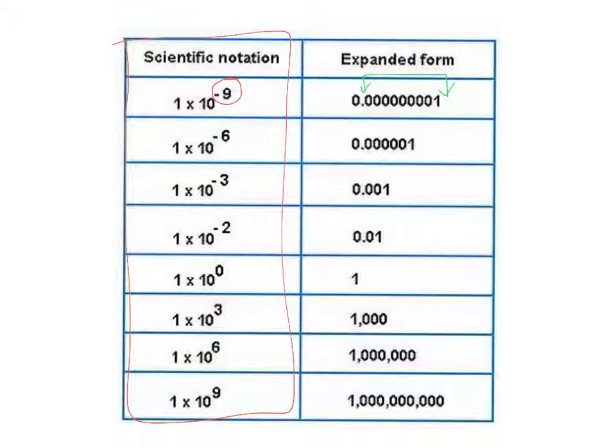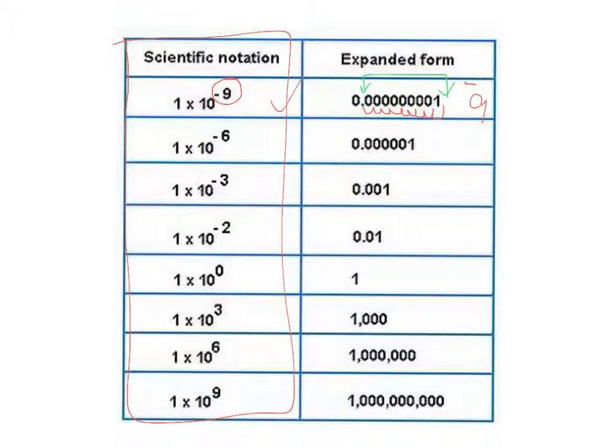And if we're counting correctly, it should get us 9 places. So 1, 2, 3, 4, 5, 6, 7, 8, 9. So because we're going backwards, we're moving the decimal point to the right. It is negative 9, which is correct.